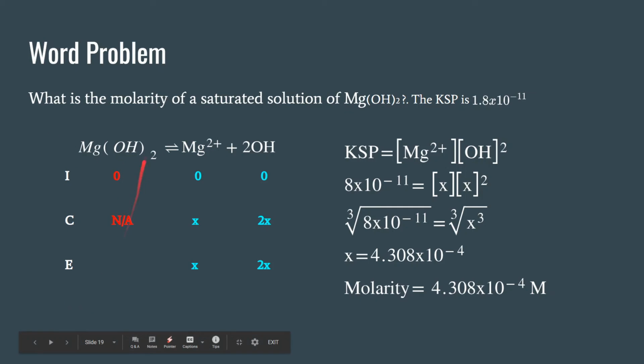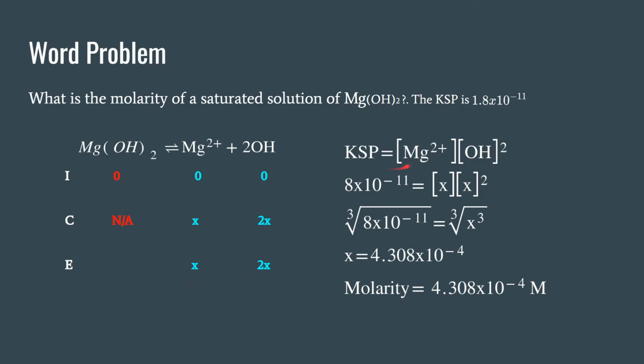This is all Na because it's solid. Then Mg, it's also 0 because it's never mentioned for Mg. And OH, it's also 0. For the change, it's 1 to 1 to 2. So it's basically minus x, and then 2x. And then you're left here with x and 2x.